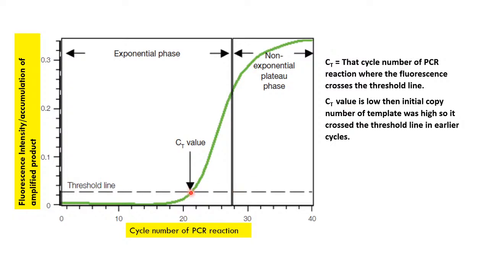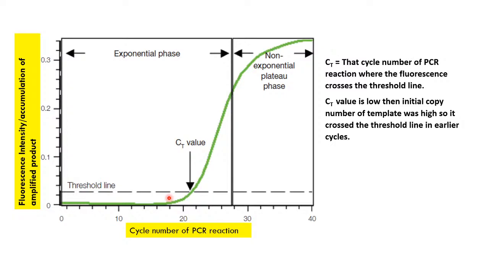Less CT value means at a lower cycle number, the fluorescence value has crossed the threshold. Why has it crossed the threshold at a lower cycle number? Because initially the template DNA or RNA was more, right? So imagine if you are starting with 200 RNA molecules, you do the reverse transcription and you get 200 cDNA molecules.